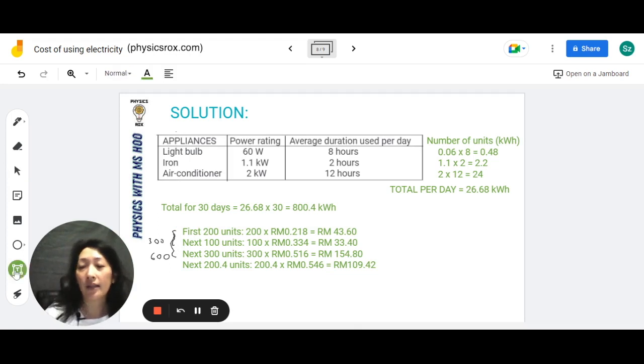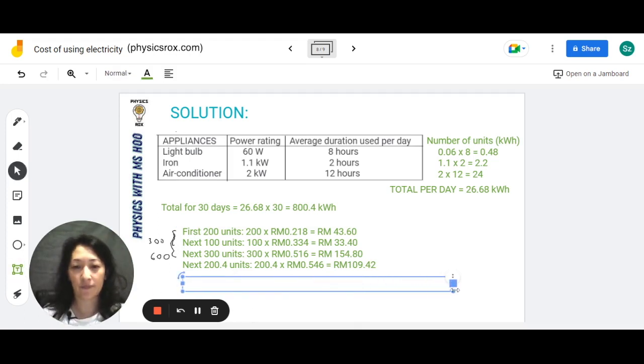So to calculate the total cost of usage, you just need to add that all up. By the way, in case you're wondering, I don't have the numbers beforehand because I want to solve this question together with you. So total cost of usage for 30 days, just add these all up together.